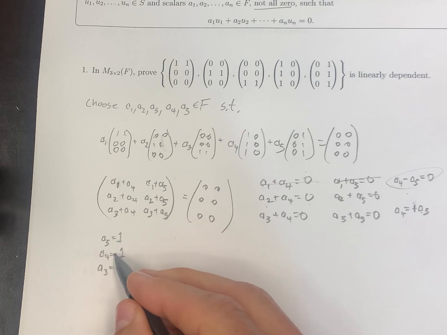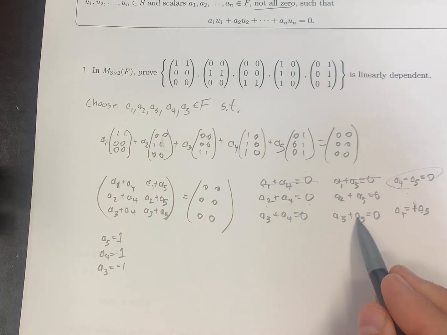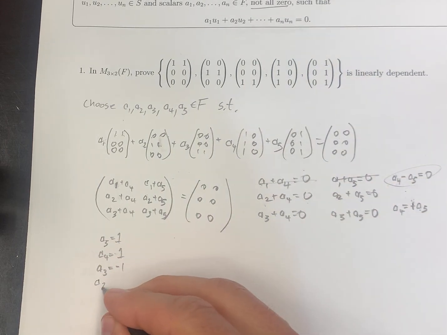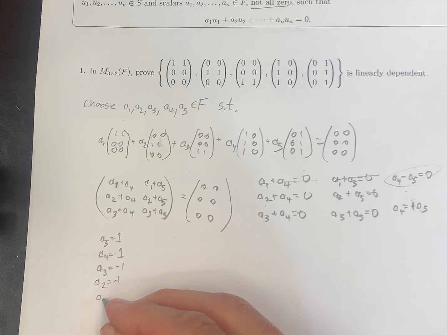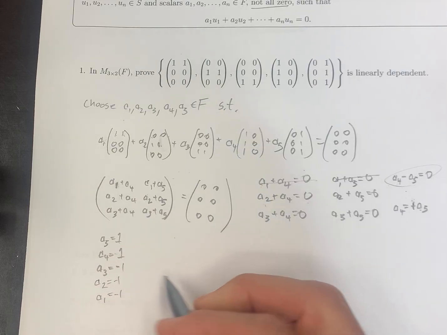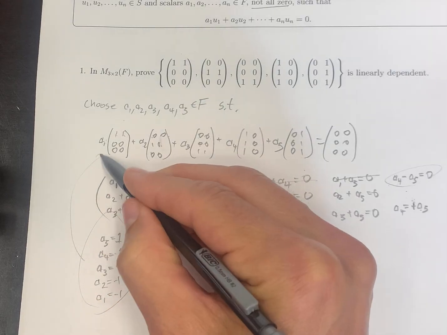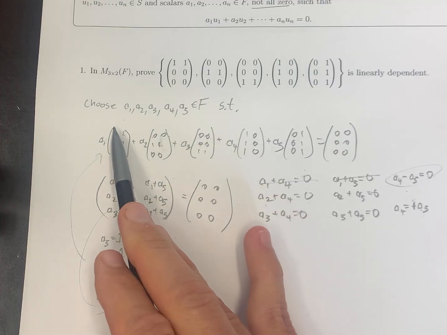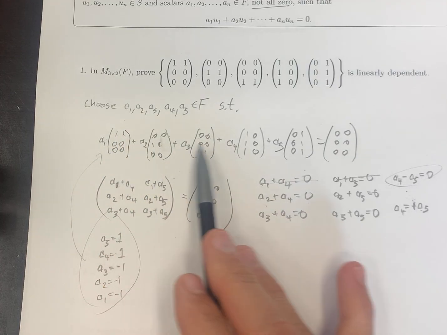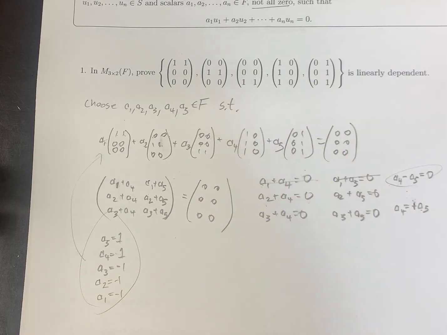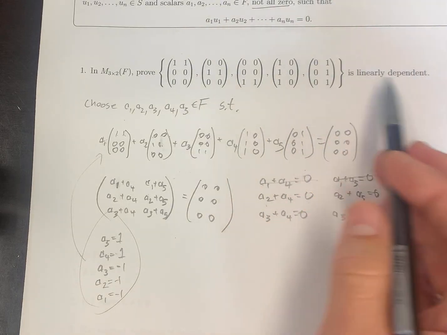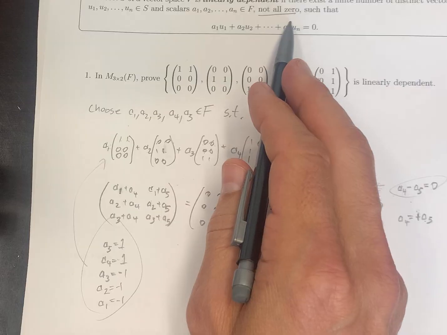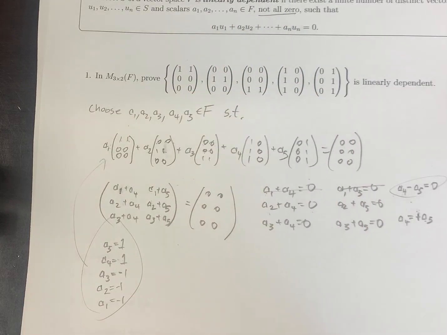So a5 is 1, a4 is 1, a3 has to be negative 1, a2 has to be negative 1, and a1 has to be negative 1. You can double check: that would put a negative 1 in all the slots, and this would put a 1 in all the slots, and they would all cancel. So that is a solution of non-zero coefficients that make everything 0.